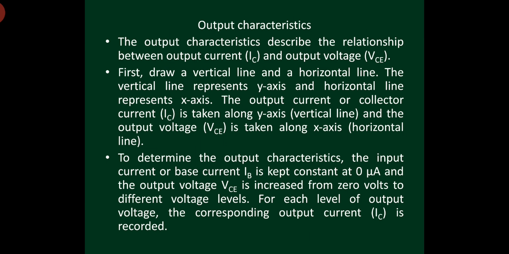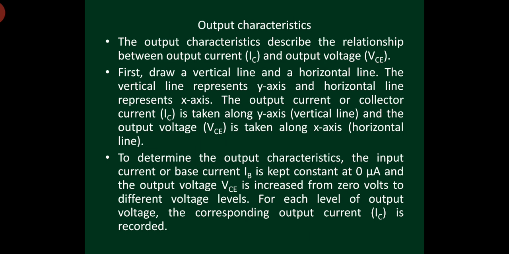In common emitter configuration, the output current is IC and output voltage is VCE, so we draw the characteristics between VCE versus IC for different fixed values of input current IB.